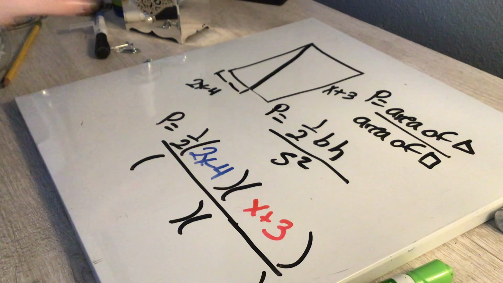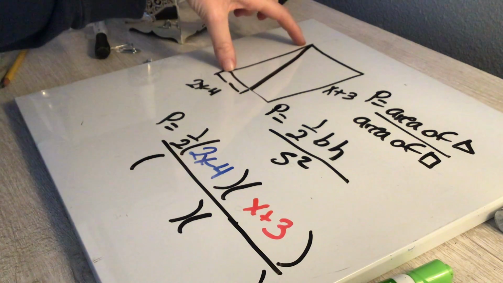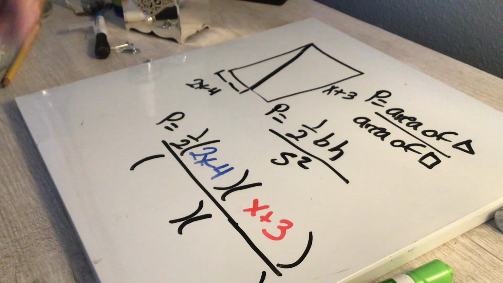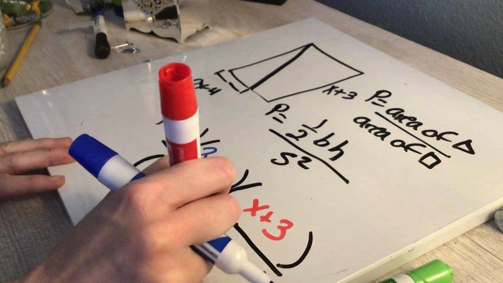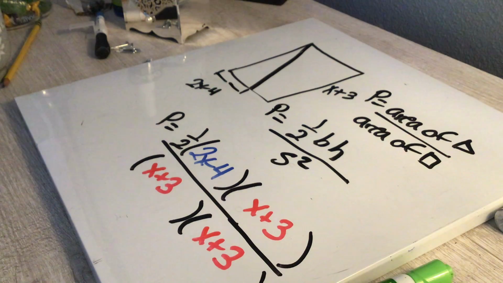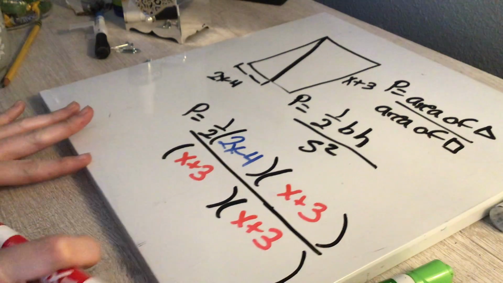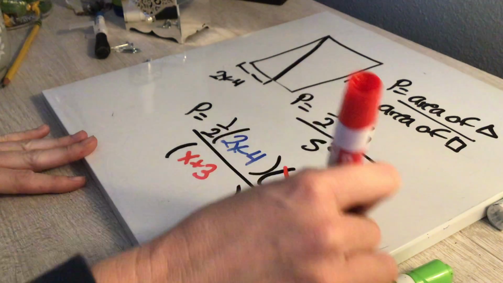Okay, then the square, the sides are the same, so this is x plus 3, this is x plus 3. So the area of the square is x plus 3 times x plus 3. Okay, then we can simplify this. So when you notice, right, simplifying rational expressions, they both have an x plus 3, so I'm going to cancel that out.